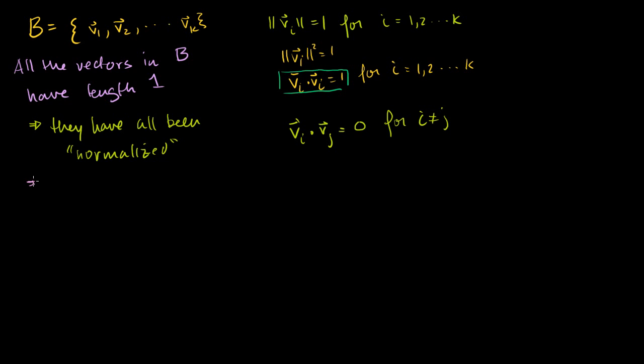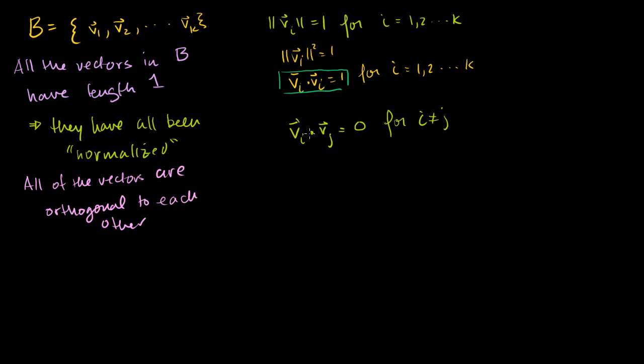So let me write that down. All of the vectors are orthogonal to each other. And of course, they're not orthogonal to themselves because they all have length 1. So if you take the dot product with itself, you get 1.